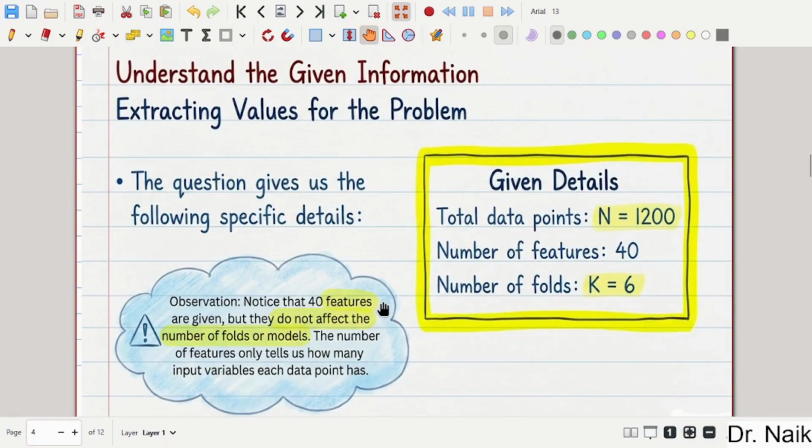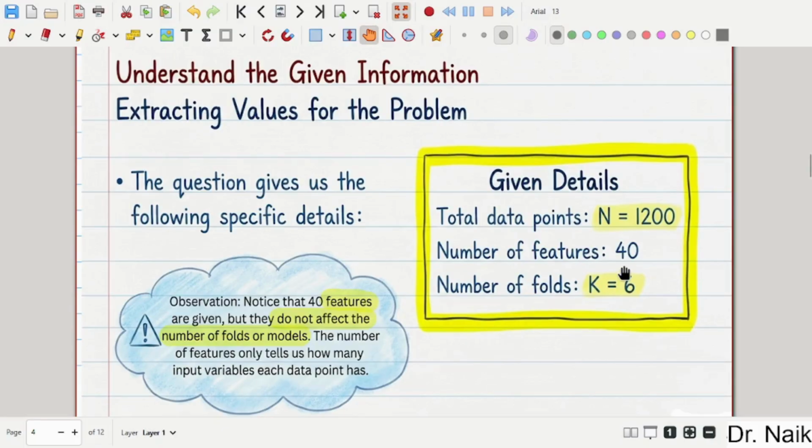Now understand the information given to us. In our question, the number of data points, that is capital N, is given as 1200, the number of features as 40, and the number of folds, that is k, is given as 6.